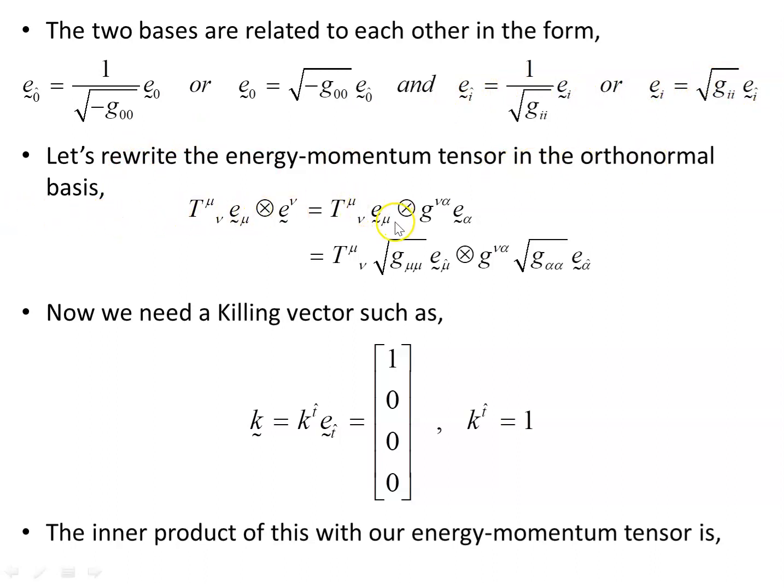So here we are. I'm just going to raise this index and lower this index for ease of convenience, and I need to use the inverse metric to do that. So now I have coordinate bases all in the lower position, all the tangential basis vectors.